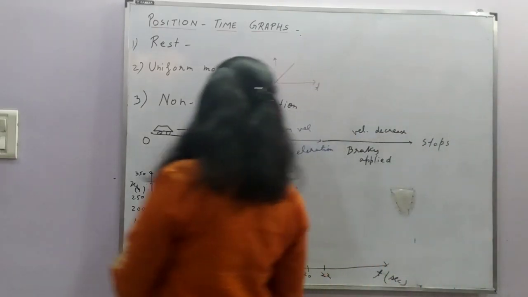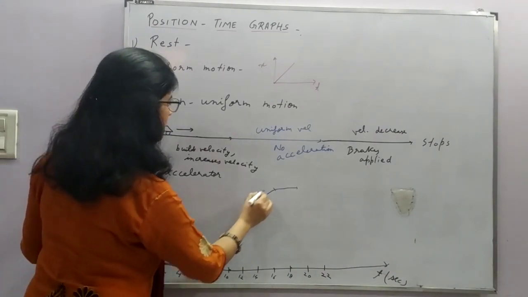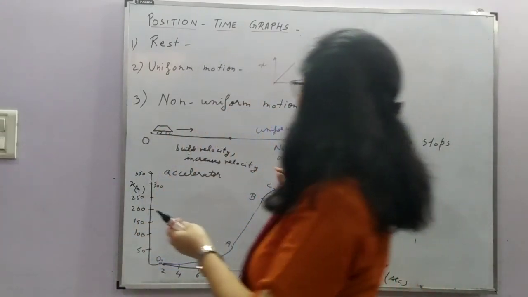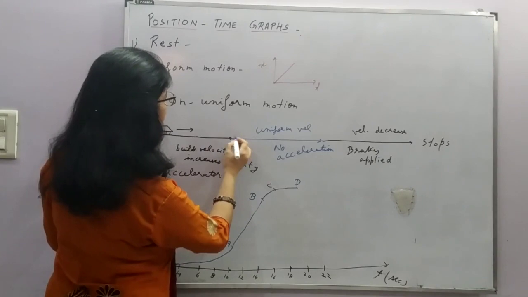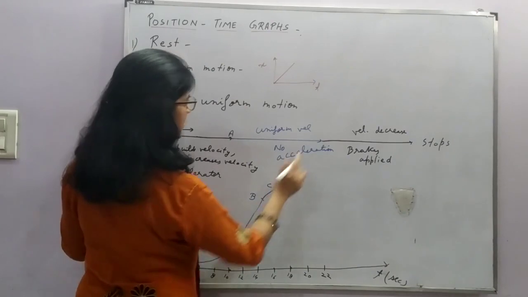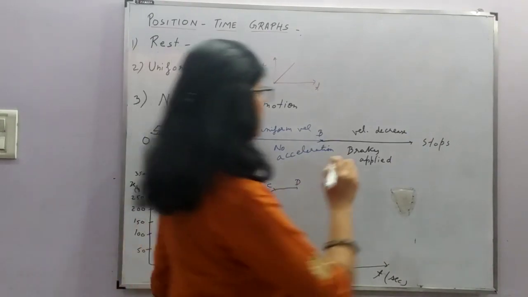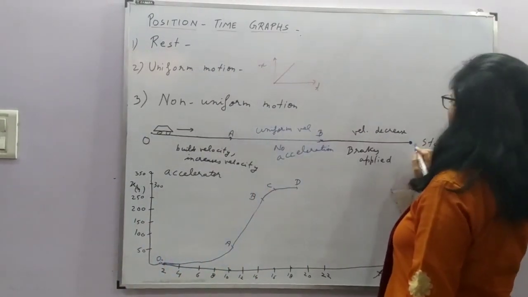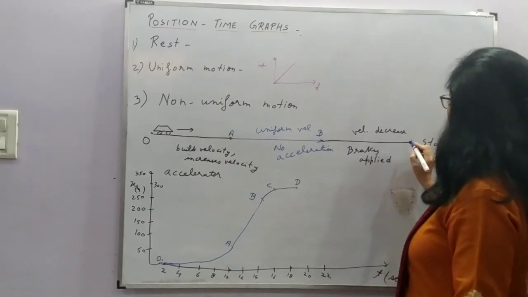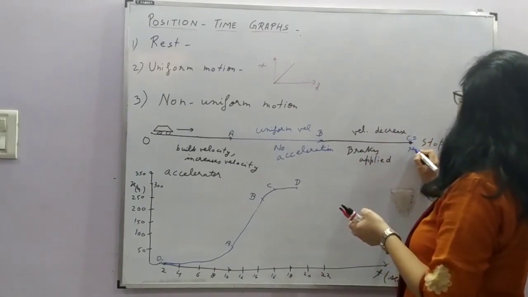So if I mark these parts, this is O, this is A, this is B, this is C and this is D. This shows the O to A part. A to B part, no acceleration, uniform velocity. B to C, velocity decreases and then it stops. So this is B to C and C to D is rest.